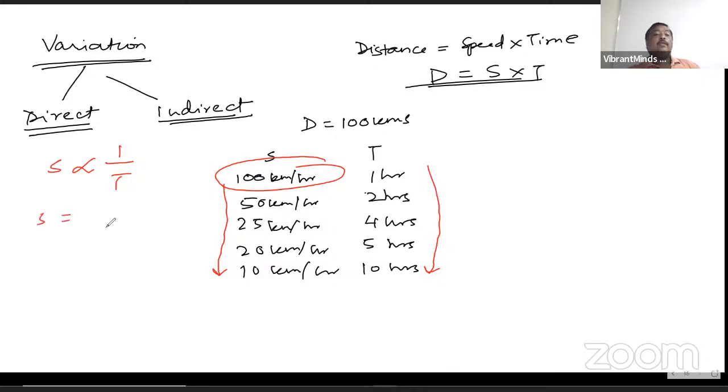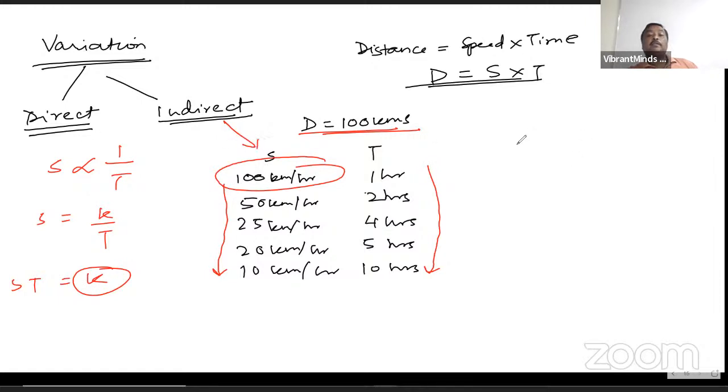So to equate it, what we write? K by T. And K is what? S into T. And this, what we assumed, that constant is your distance. Speed into time, distance. Did you get my point? So a very good example of indirect variation.